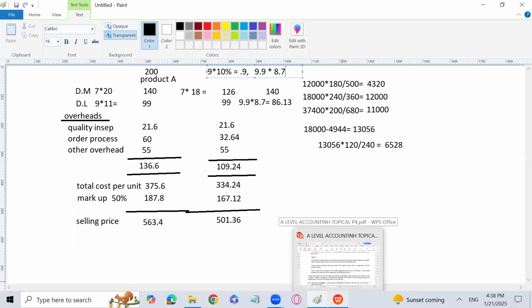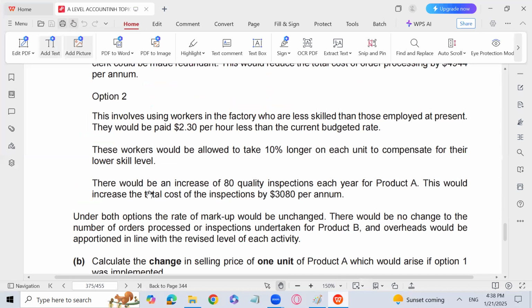Got it? The next part says there would be an increase of 80 quality inspections each year for product A, which would increase the total cost of inspection by 3,080 per annum. Obviously, product A needs more quality inspection because the less skilled workers take even more time, so there is a compromise in quality.